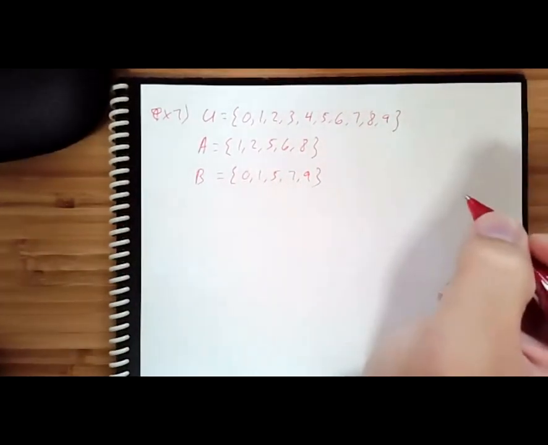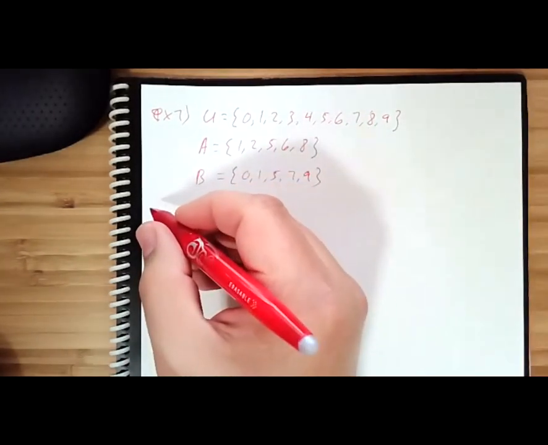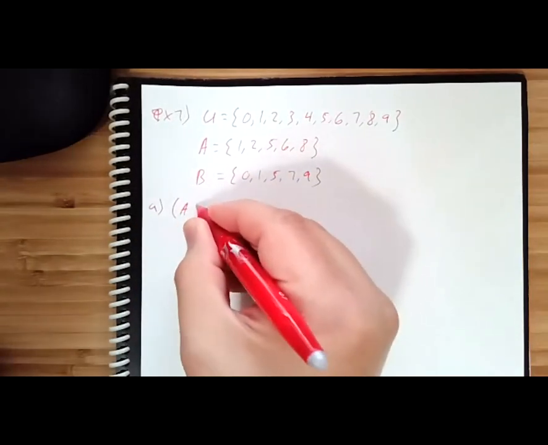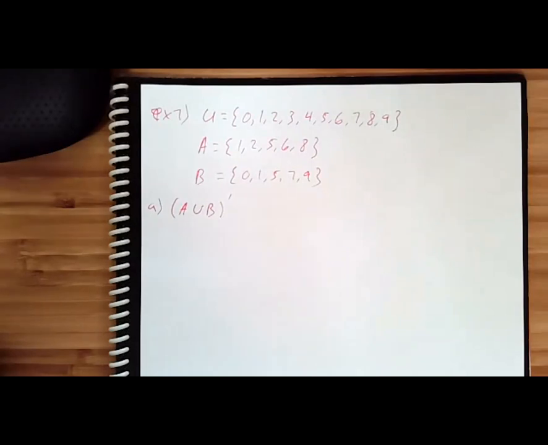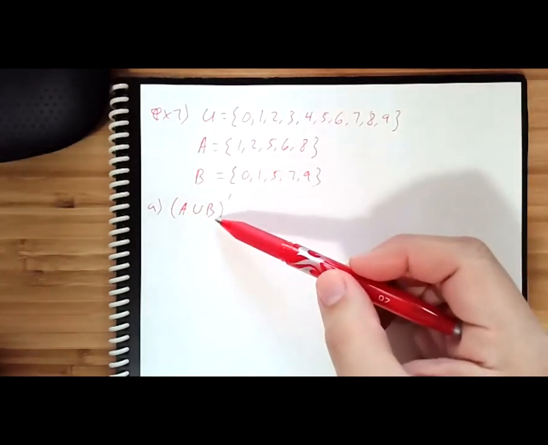Okay, so they ask us for part A. What is not in the union of A union B? So one way you can think about it is, what's not in the union, right?